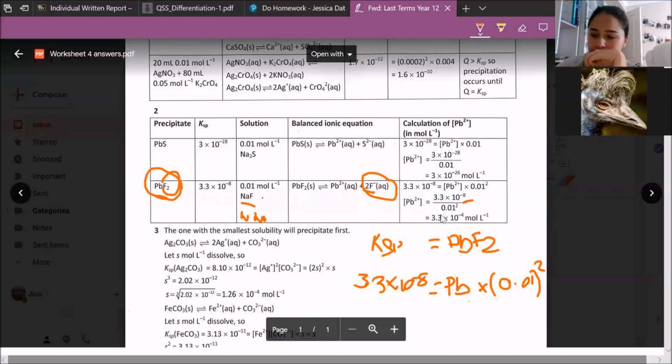Yep. Which gives you this, 3.3 times 10 to the negative 4. Does that make sense? Yes. And now I have to write these into the table.